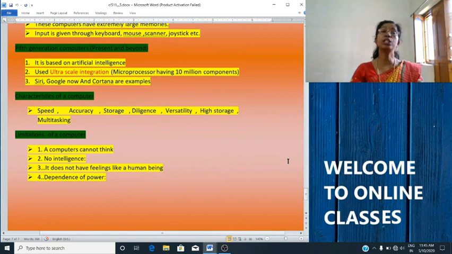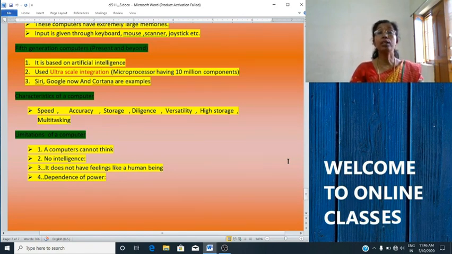So it needs instructions at every step. So the next point is, it does not have feelings like humans. It cannot express ideas or feelings. Then it depends on power. If electricity is there, then only it will work because it is a machine.